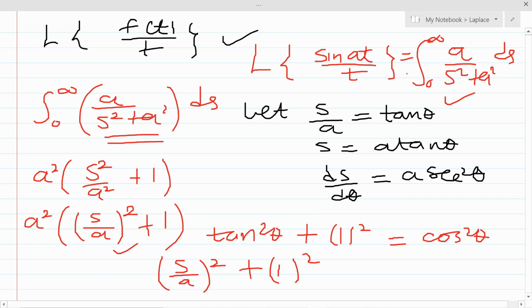So ds will simply be equal to a sec squared theta d theta. Now let's try to replace it back and see. I hope you can keep these in mind.